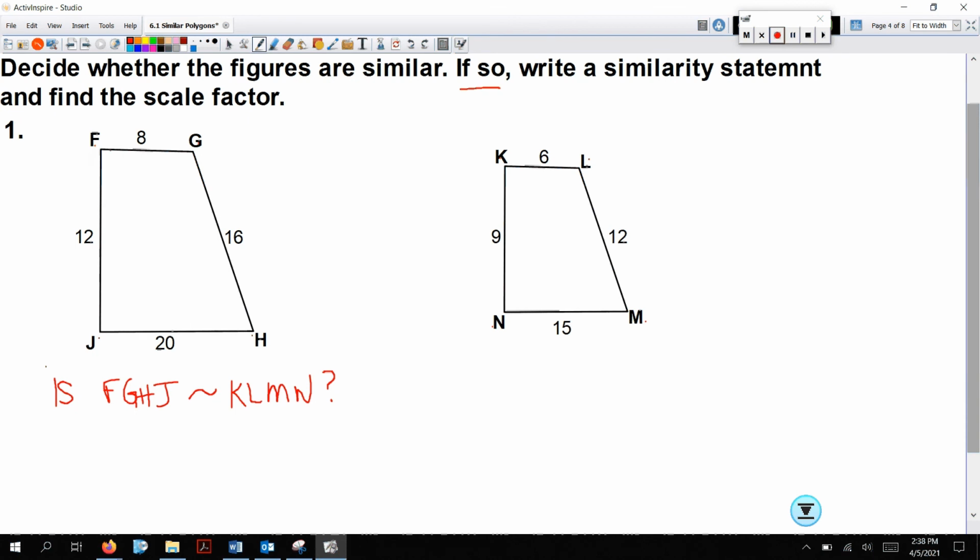First, let's make angle F congruent to angle K. And G is congruent to L. And H is congruent to angle M. And the last one would be J is congruent to N.